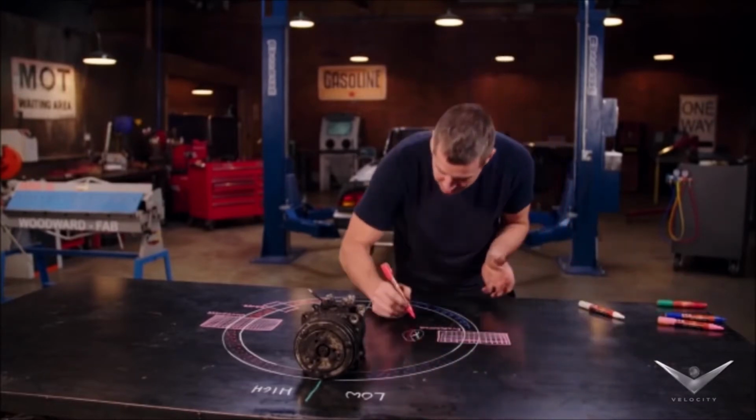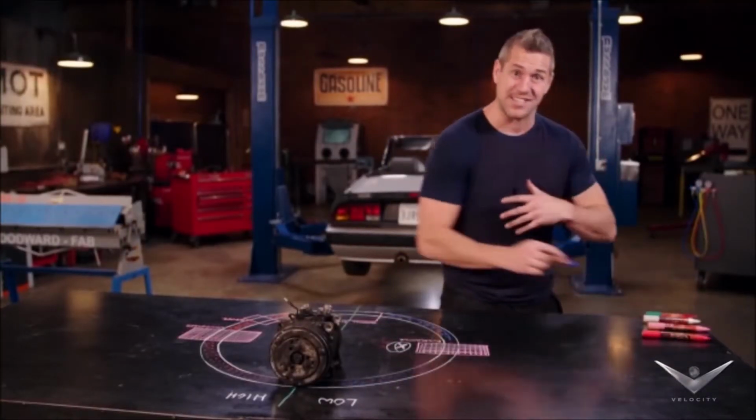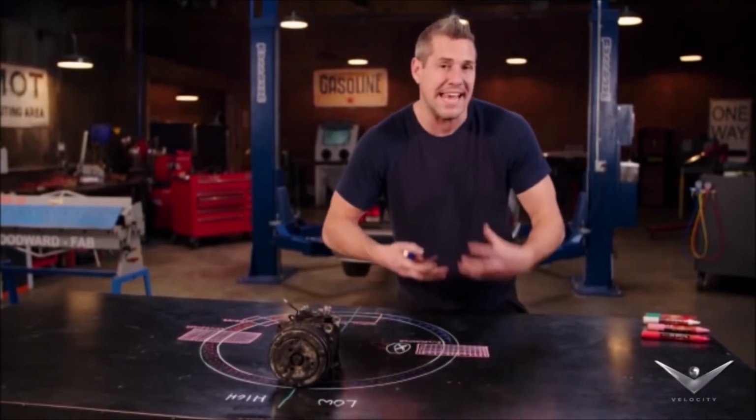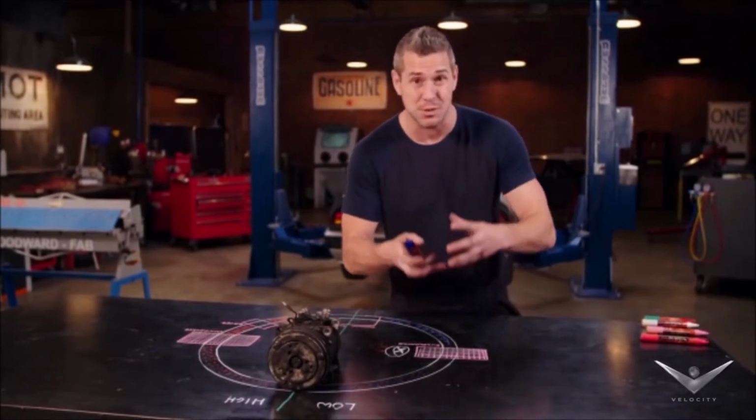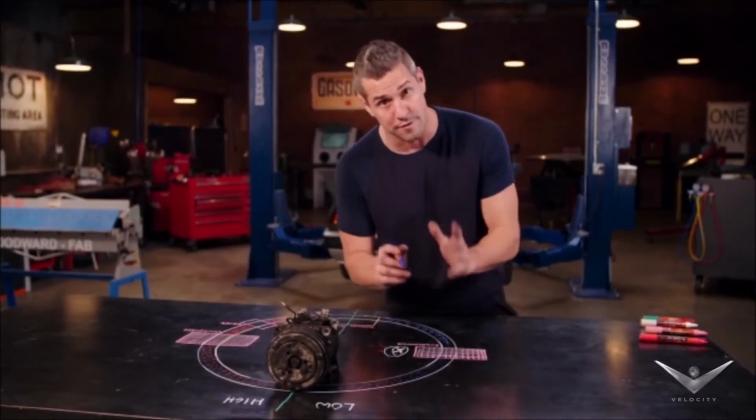And at the same time, it draws warm air from within the cabin as well. As the air passes over the evaporator, the liquid inside heats up just enough to turn it back into a gas. It then gets put back into the system and it starts the cycle all over again.